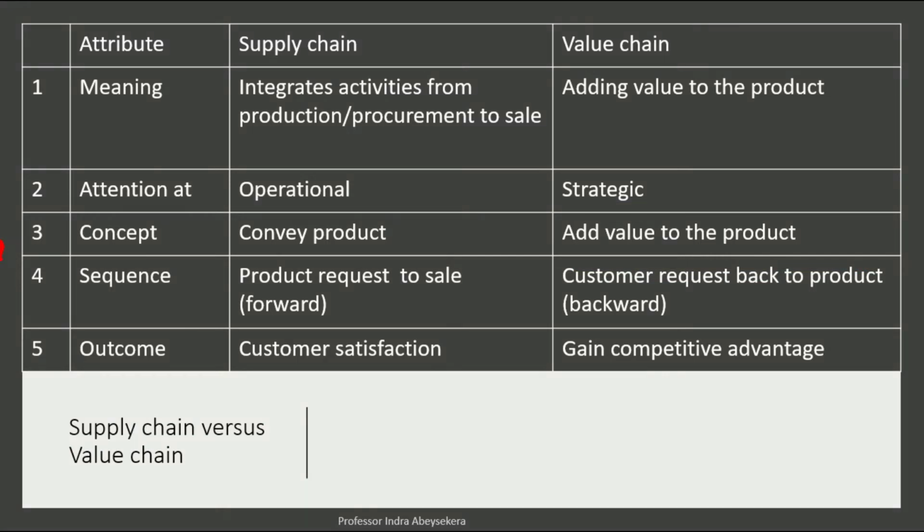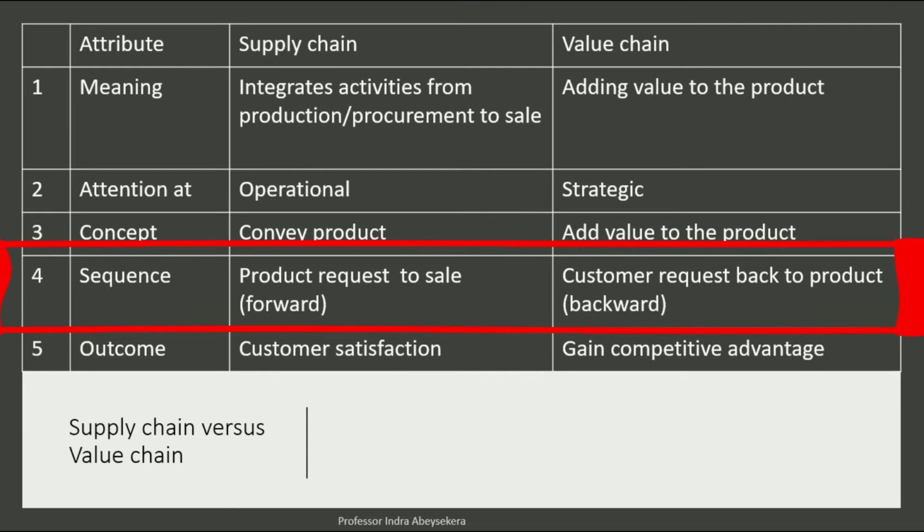The sequence on the supply chain is from the raw material products to the requested sale and satisfying the customer. So it's a forward chain, whereas the value chain is about inquiring into the customer requests and then going back to the product to meet those customer needs.